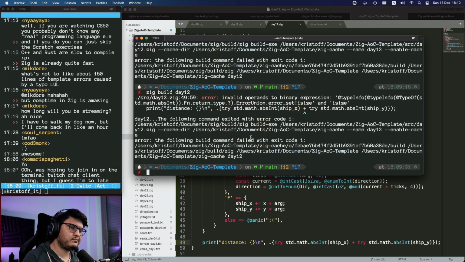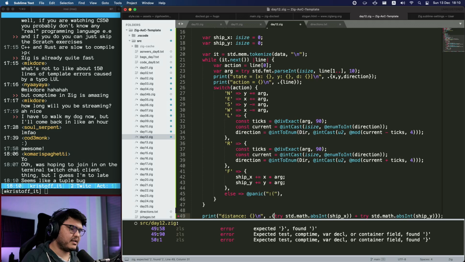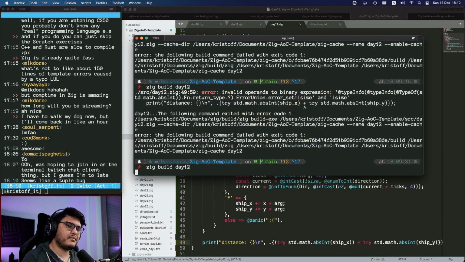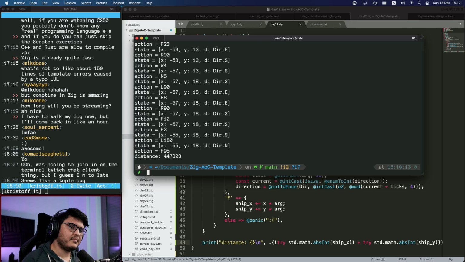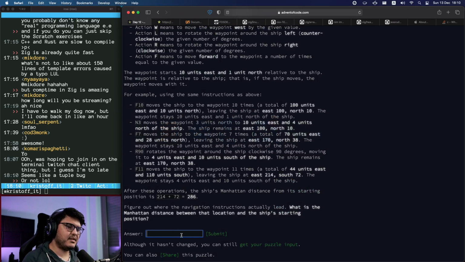What? Oh, I know why. Because this try is binding after the sum. I don't think I even need these diagnostics. YOLO. Is this right? Boom.